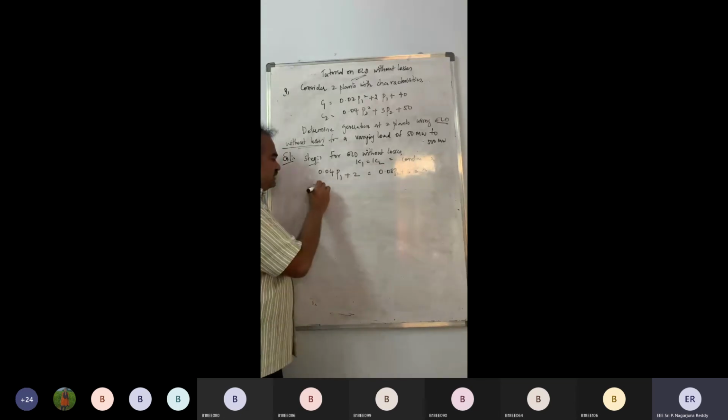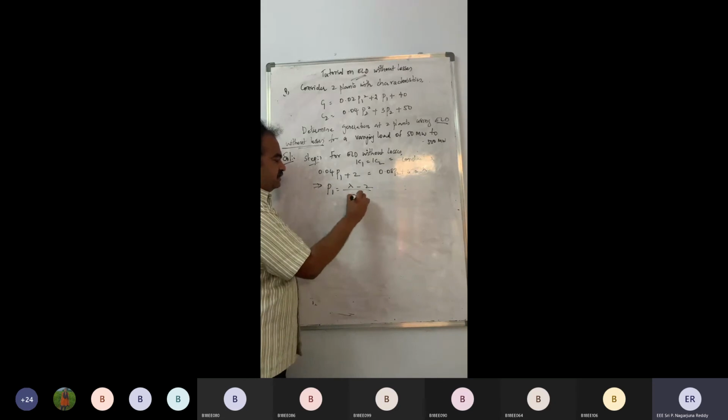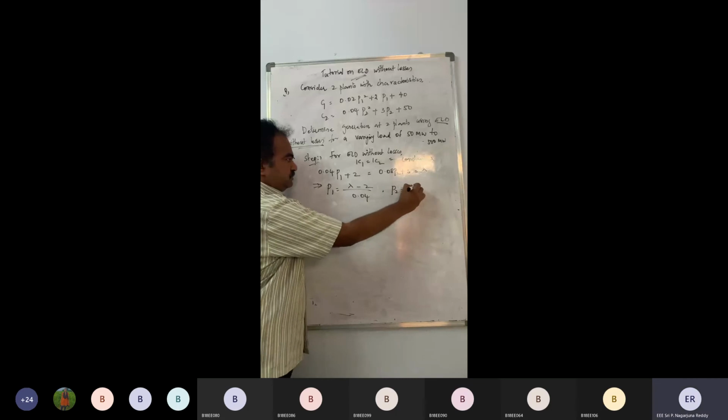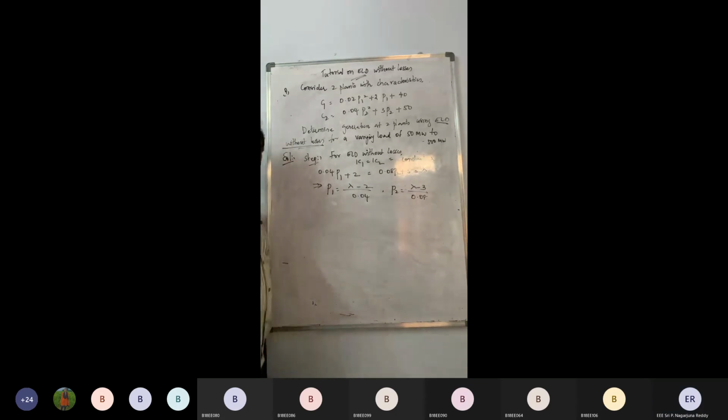Now what I will do here is write P1 in terms of lambda. These are my equations for P1 and P2, where lambda is some random constant. I don't bother about that constant. So P1 and P2 are both written in terms of lambda.